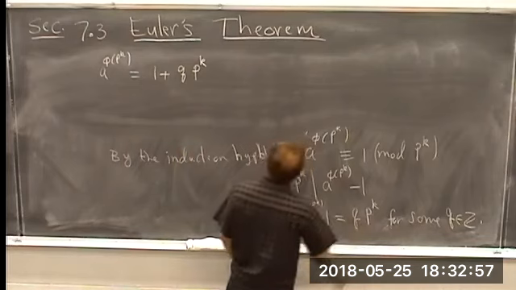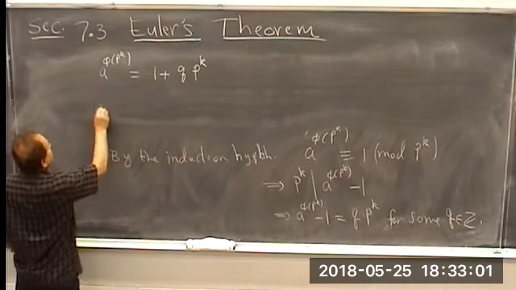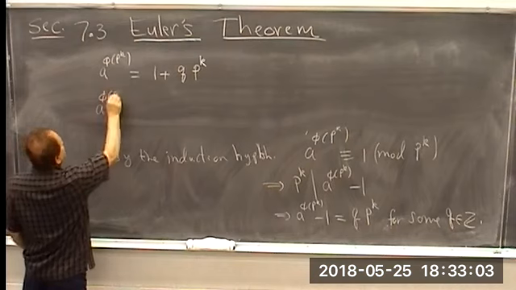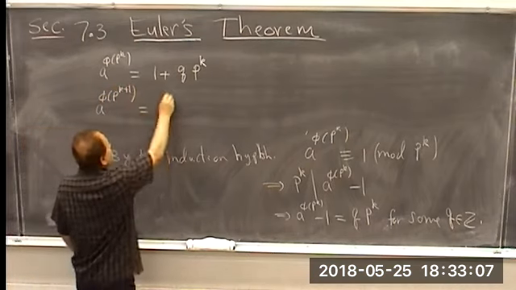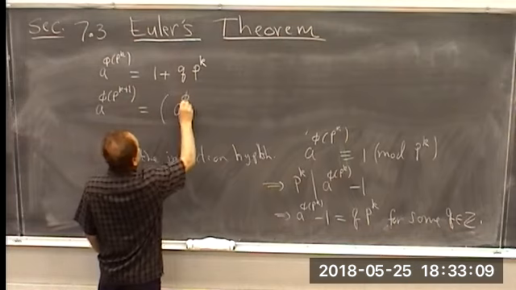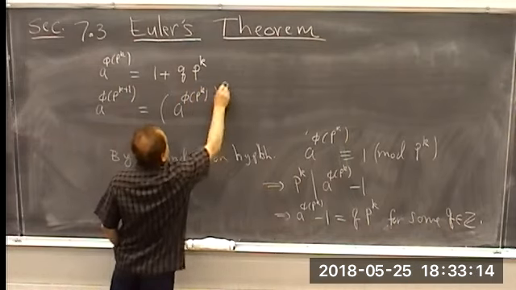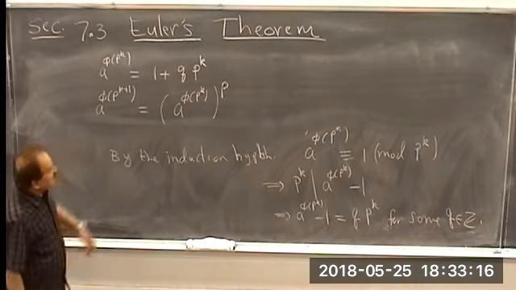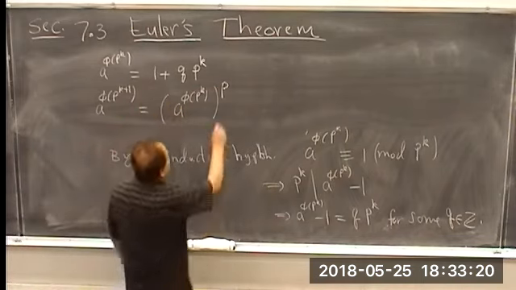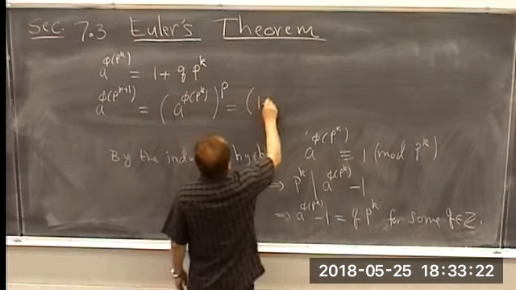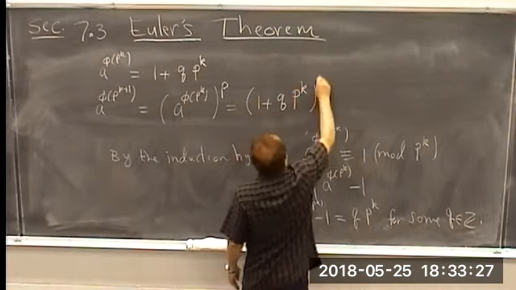So we take the 1 to the other side. Now let's go back to this A to the phi of P to the K plus 1. Remember that we wrote this one as A to the phi of P to the K, all of this to the P. Now I'm going to replace the inside of the parentheses by 1 plus Q P to the K, to the P.